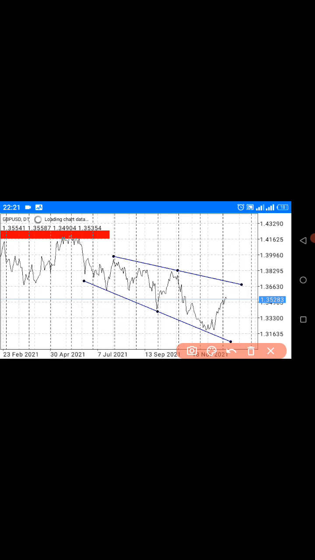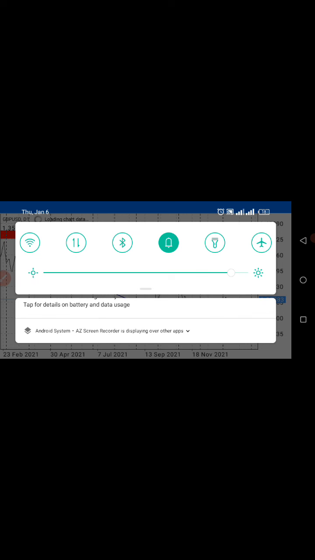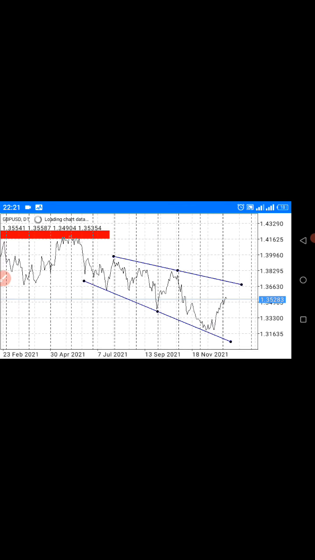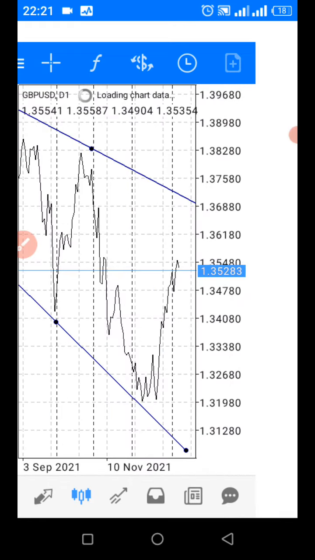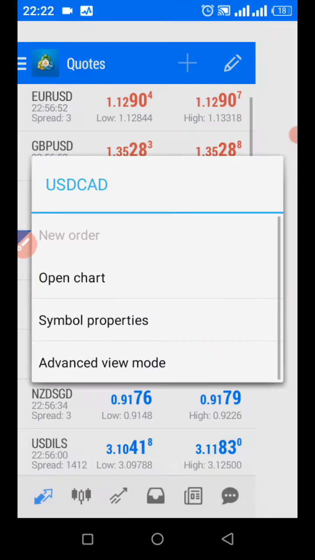So let's take a look at another pair. Let's look at the Euro card.